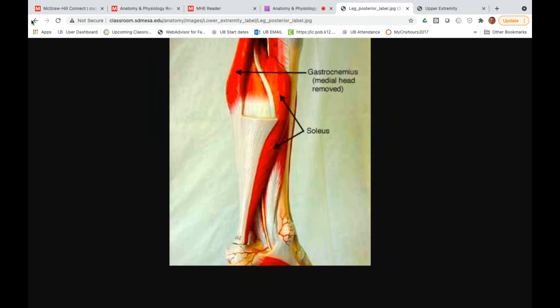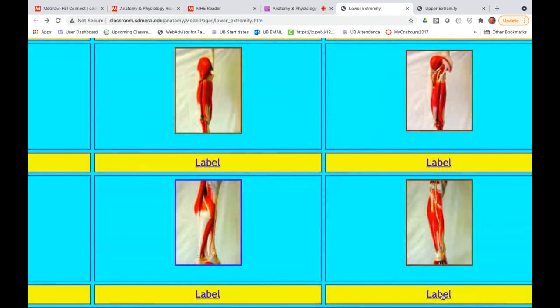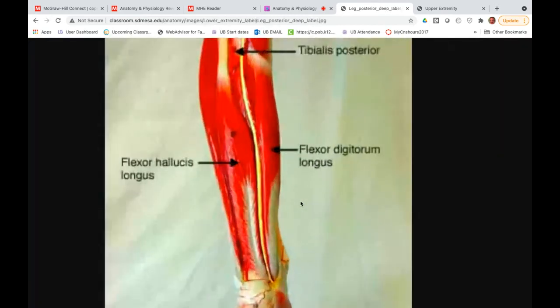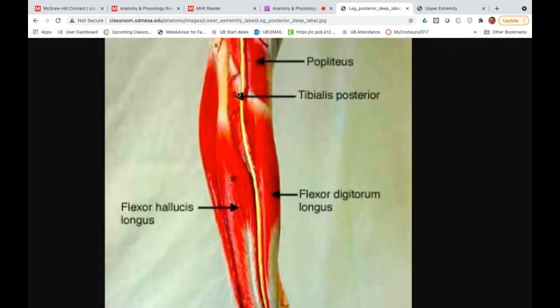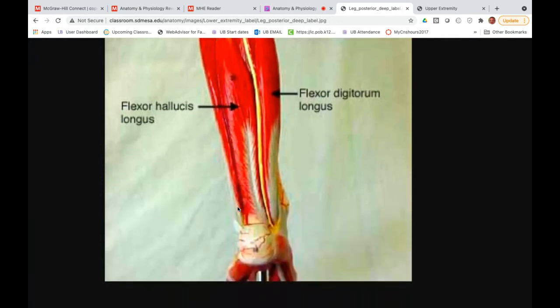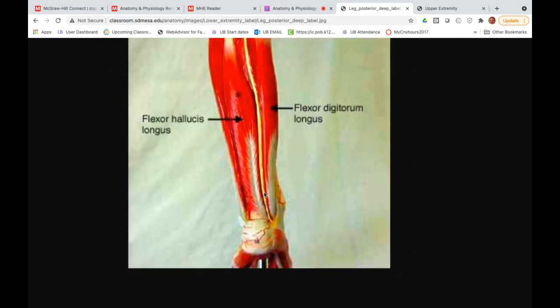When you dissect those and pull them away, then you could see Tom, Dick, and Harry from this view here. There's tibialis posterior, there's flexor digitorum longus, there's flexor hallucis longus, but I was showing you Tom, Dick, and Harry from this perspective, posterior to the medial malleolus.